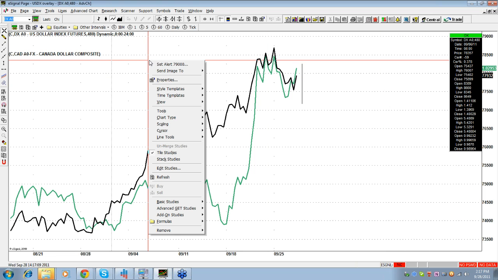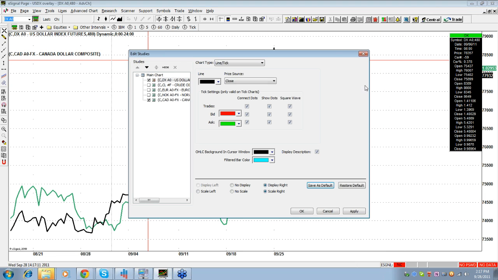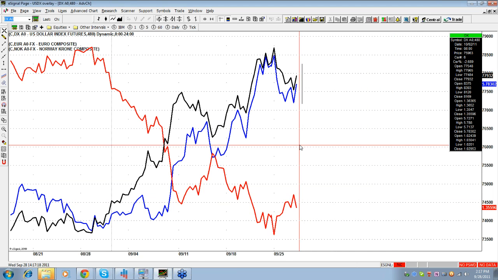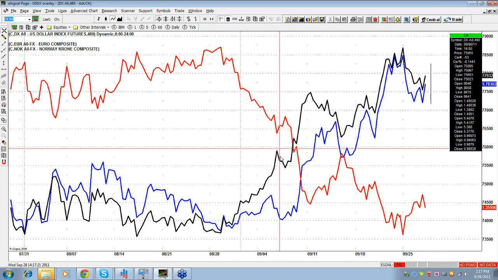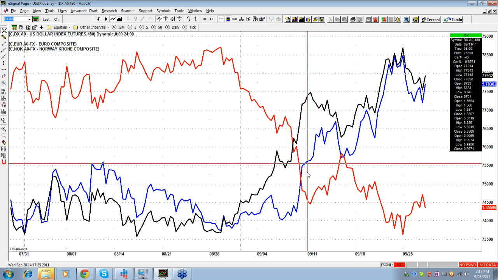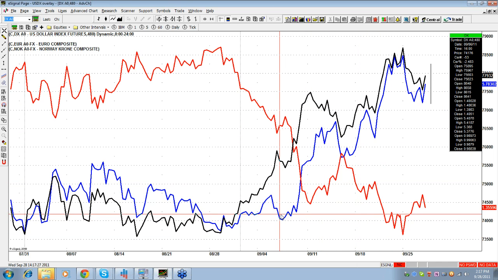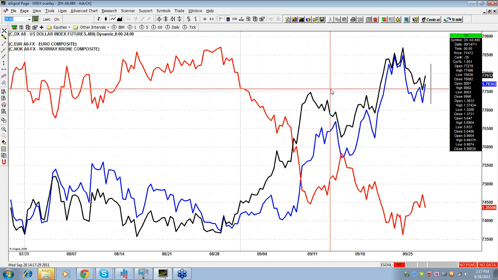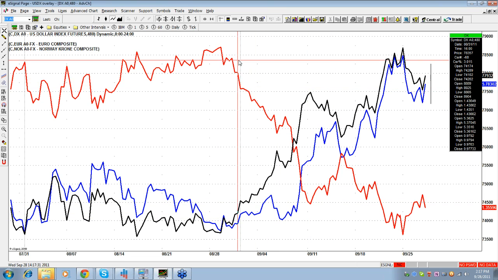Now, let's do another correlation. Let's put the crown together with the euro and the dollar index. And this is what you got: the red one is the euro, the blue one is the crown, and the black is the index.